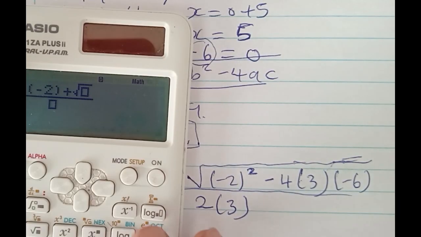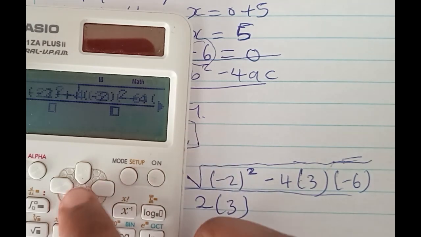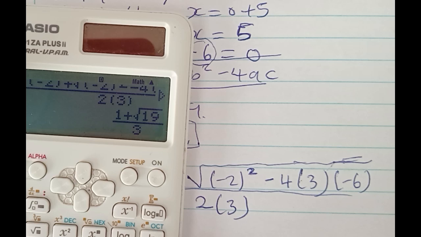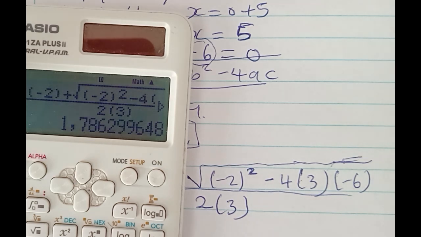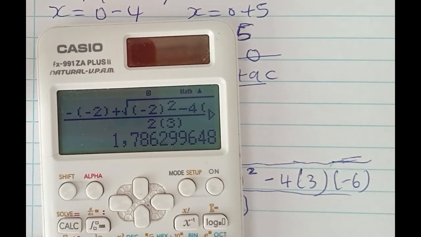Now I will say our b is this, squared, minus 3 times negative 6, and our value is, you see. Now I will have to round it off to two decimal places.